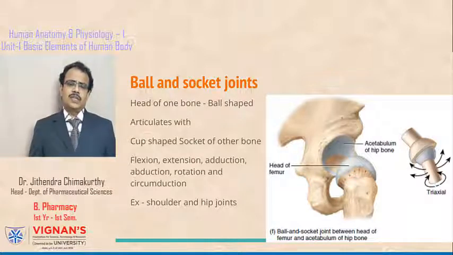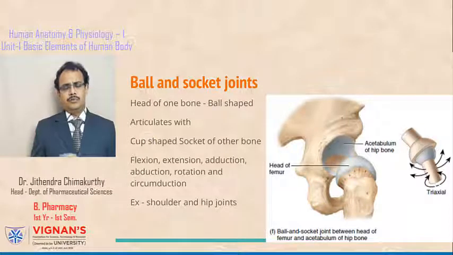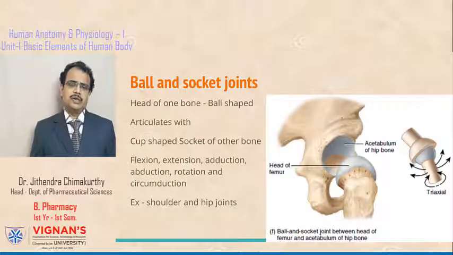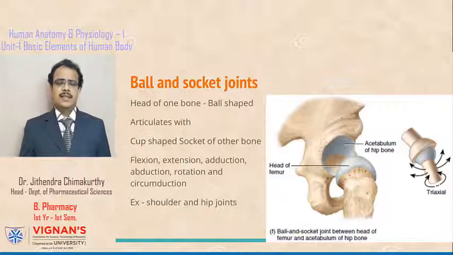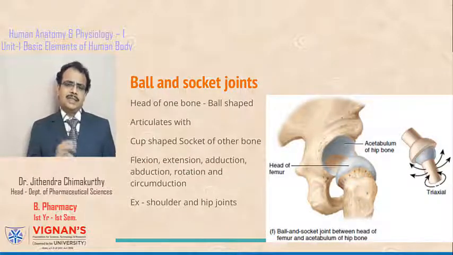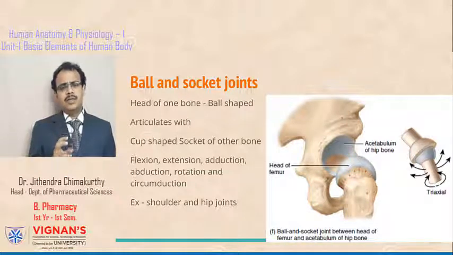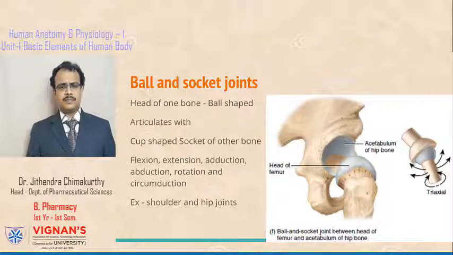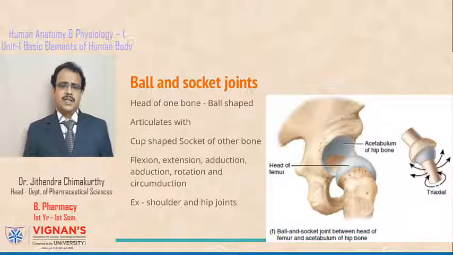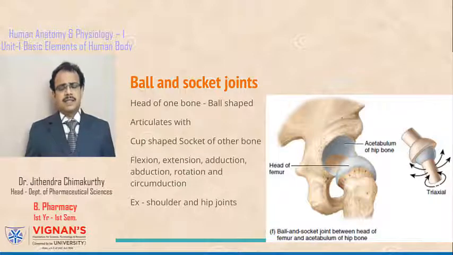In the shoulder joint, the head of humerus sits in the glenoid cavity of scapula, whereas in the hip joint, the head of the femur sits in the acetabulum of the innominate bone. And this type of joint allows various types of movements such as flexion, extension, abduction, adduction, rotation, and circumduction.